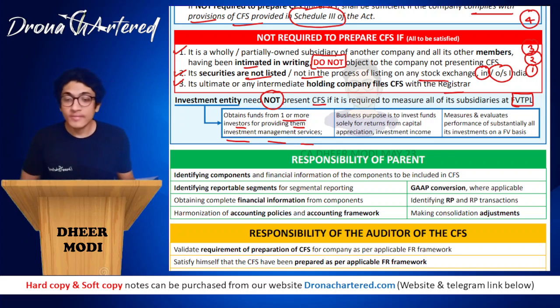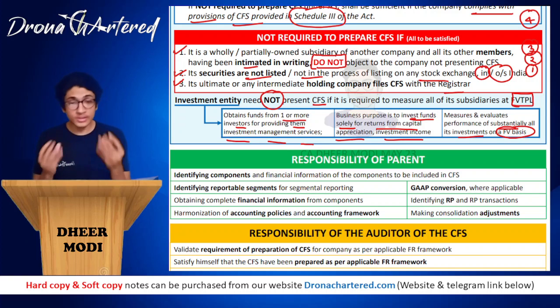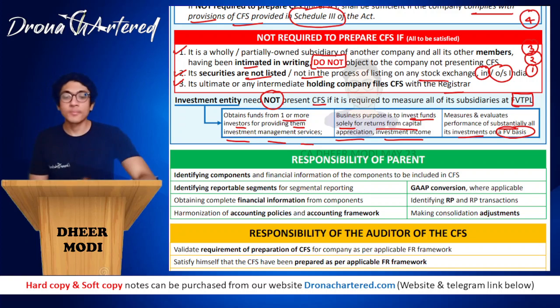Its business purpose is to invest funds solely for returns from capital appreciation and investment income, and it measures and evaluates the performance of substantially all its investments on a fair value basis. So in these four conditions, your CFS is not prepared.